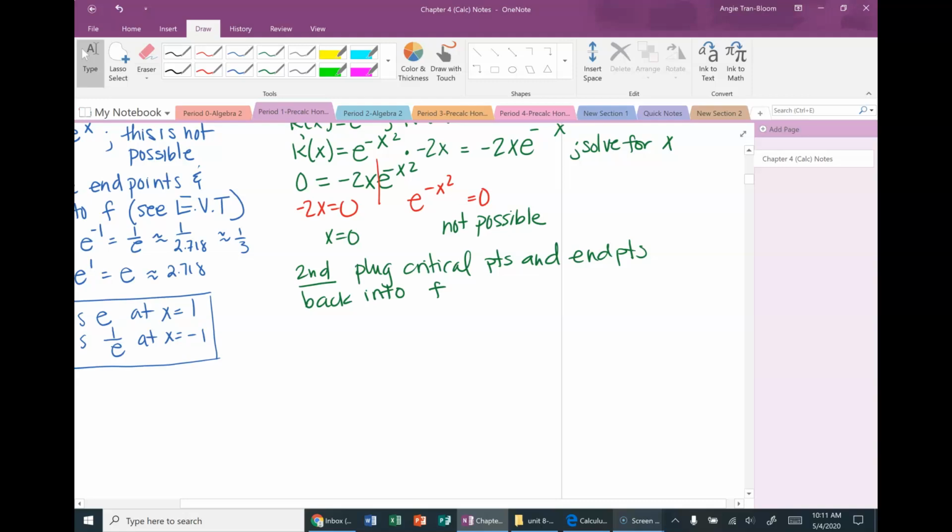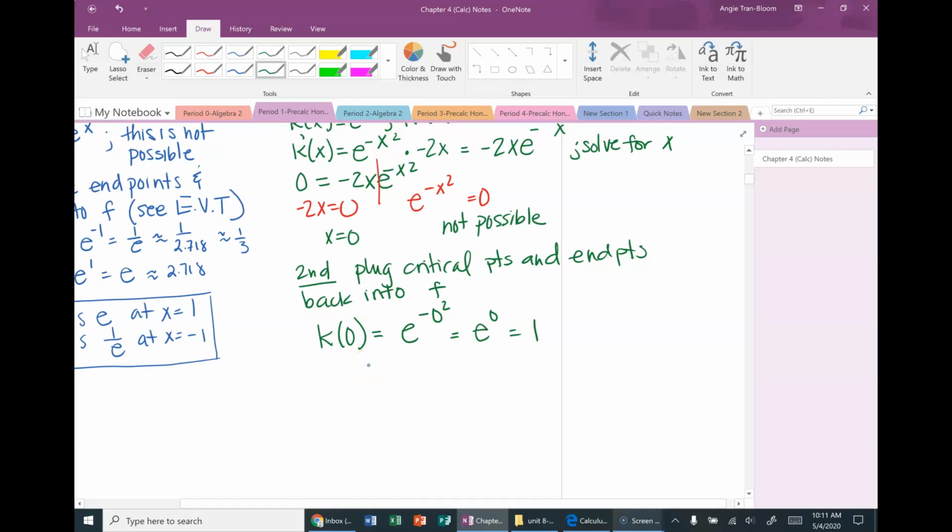Since we only have one, your critical point was x equals 0, so we plug in 0 for our original, which is e to the negative 0 squared, which is e to the 0, which is going to be 1.